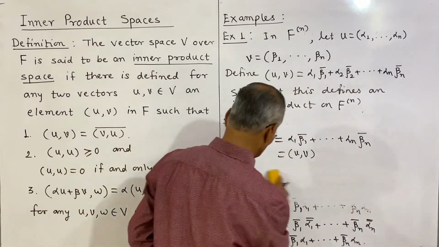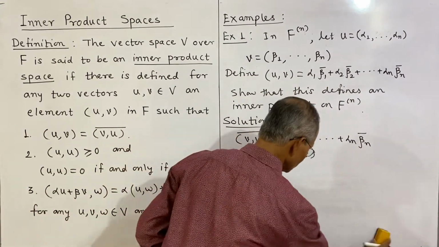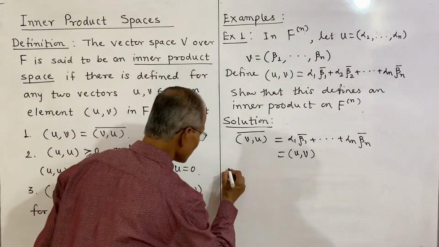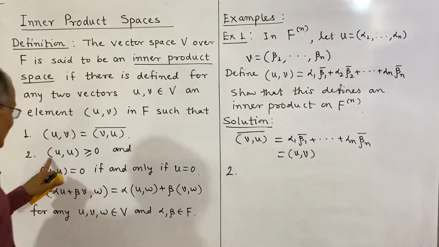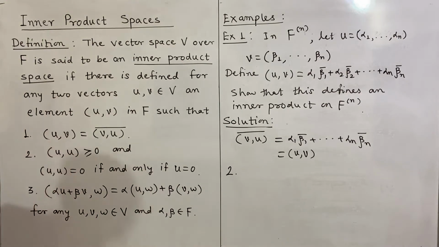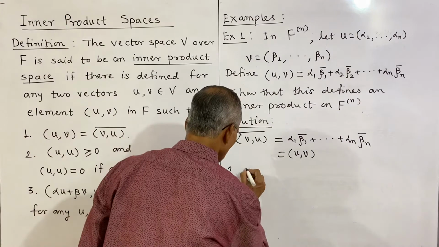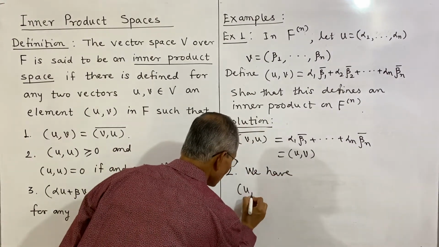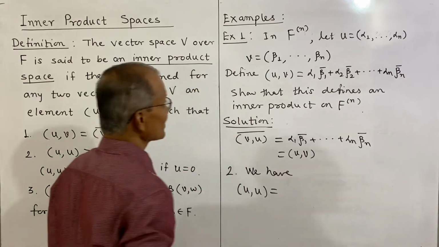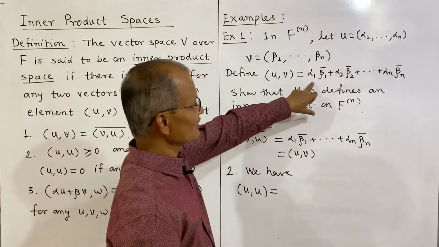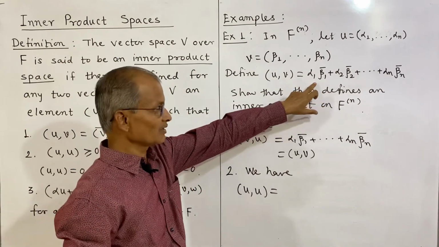Now, the second property is this one: inner product of u and u is greater than or equal to 0. So for the second property, inner product of u and u is equal to, see the definition again, inner product of u and v has this expression.